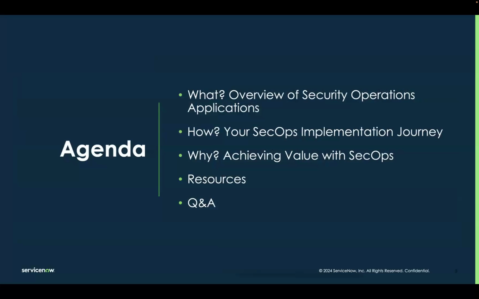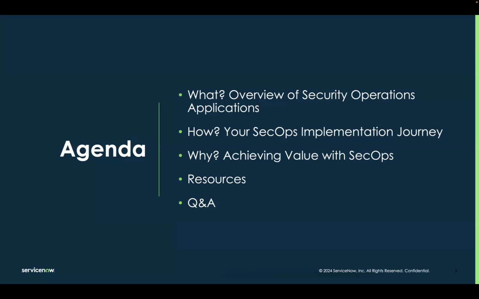So this is the agenda that we have today. Broadly, we'll have three sections, followed by some closing resources section and the Q&A that we have towards the end. So we have divided this into three parts: the what, how, and why. The what is basically giving you a basic overview of what are the security operation applications that are there within our product suite, and how are they structured across different product groups.